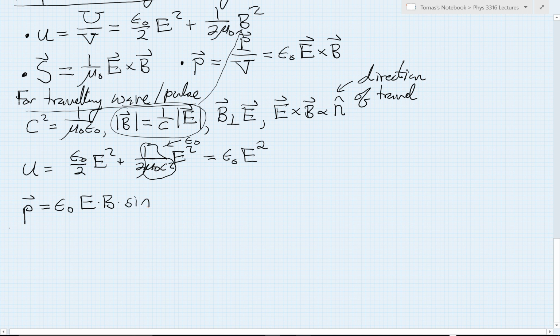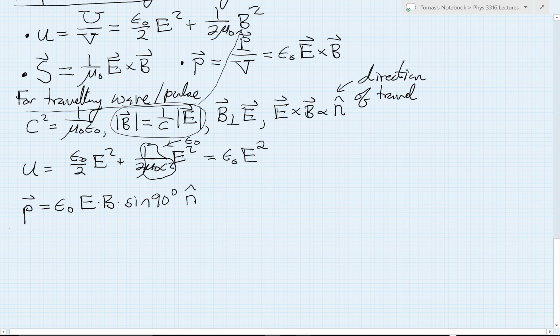But fortunately, we know that E and B are always perpendicular, so that angle is 90 degrees. I also need the direction, but I happen to know that E cross B is exactly in the direction of travel, so the direction would be this travel direction, n hat.